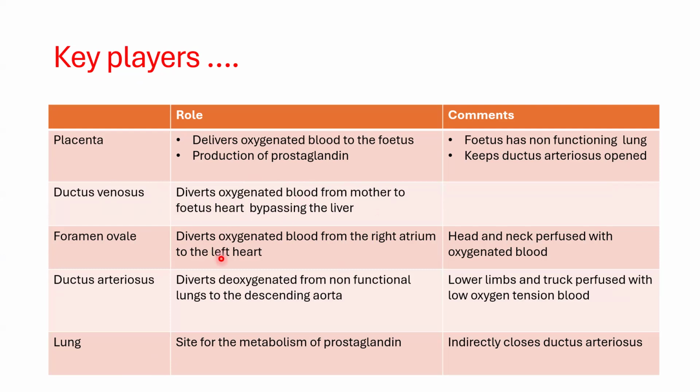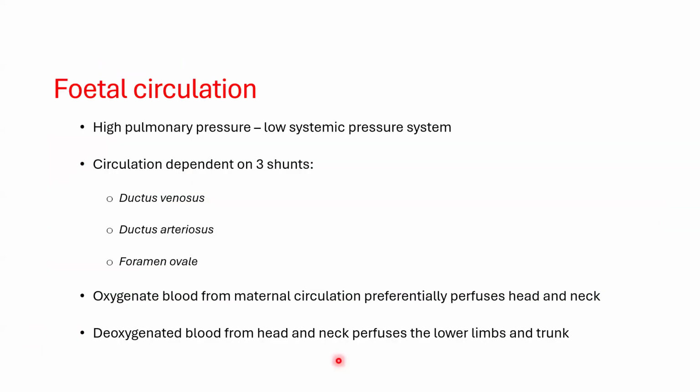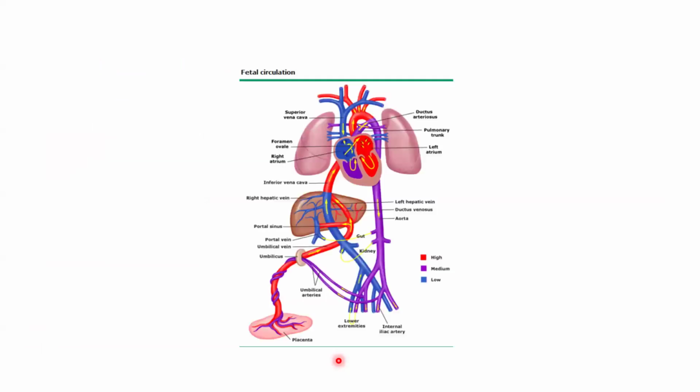I've spoken of the role of the ductus venosus, the foramen ovale, the ductus arteriosus, and the role of the lung in the destruction of the prostaglandin. I highlighted the three important shunts in the fetal circulation, and spoken about the roles they play individually: the ductus venosus, the foramen ovale, and the ductus arteriosus.